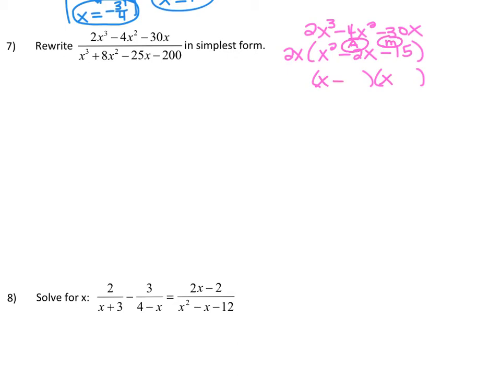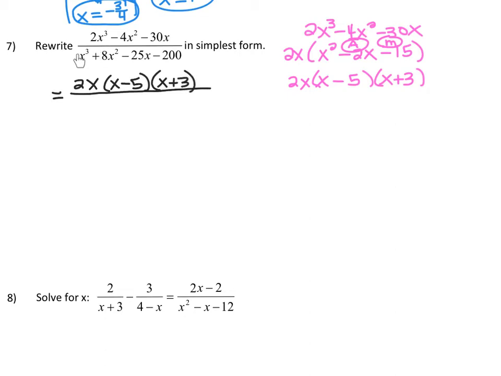It would be -5 and +3. And then this 2x that's in front, let's remember to bring that down. Okay, so we factored the numerator of this fraction. So we have 2x times x minus 5 times x plus 3.